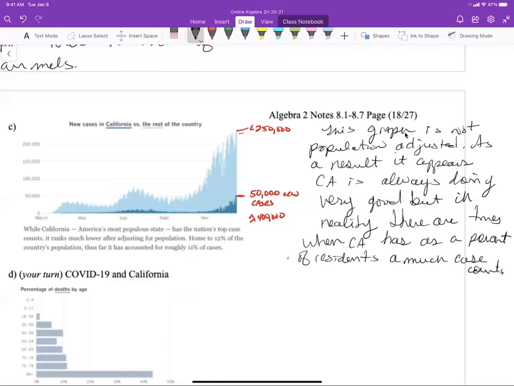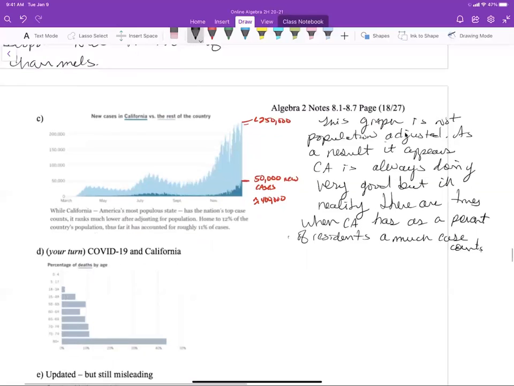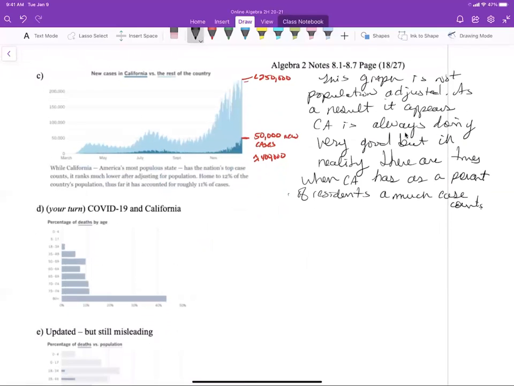And you could imagine there are probably a lot of reasons why, depending if it's political, they would want to not look bad, right?